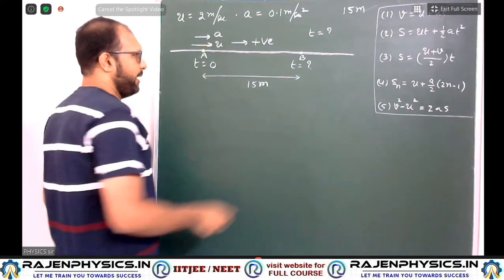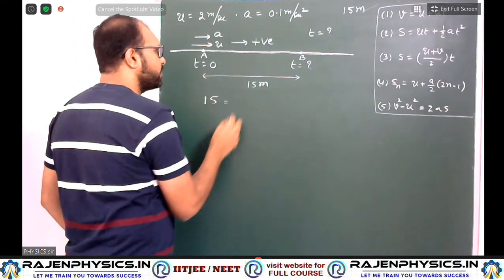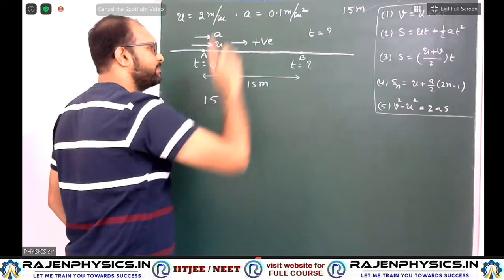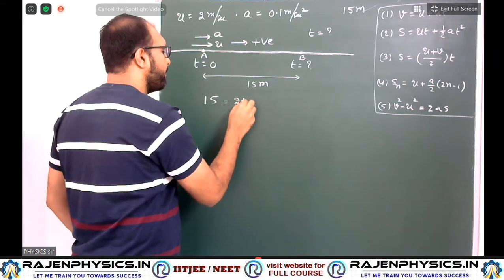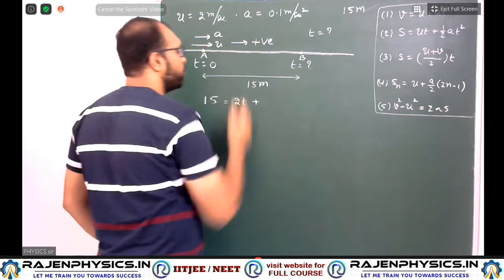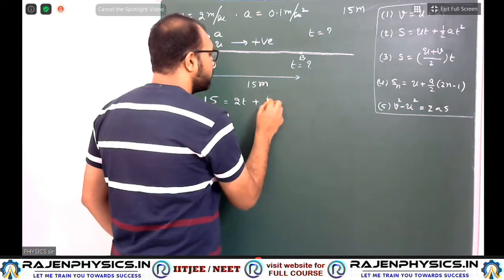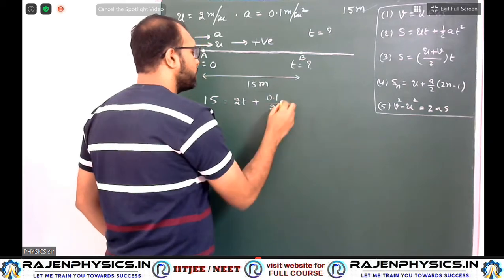Just wait. 15 equal to, all are in the positive direction only. S equal to ut, that is 2t, plus a by 2. A is 0.1, so 0.1 divided by 2 into t square.